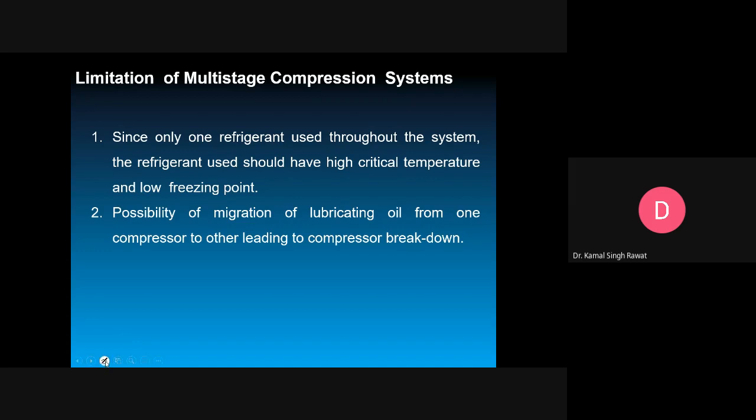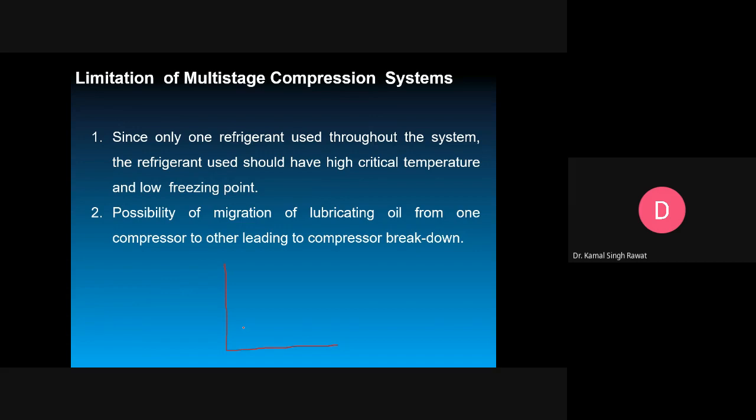Okay, so one of the limitations is associated with the refrigerant. You cannot find a refrigerant which has a very high critical temperature and a very low freezing point. If a refrigerant has a very low freezing point, its critical temperature is also low.